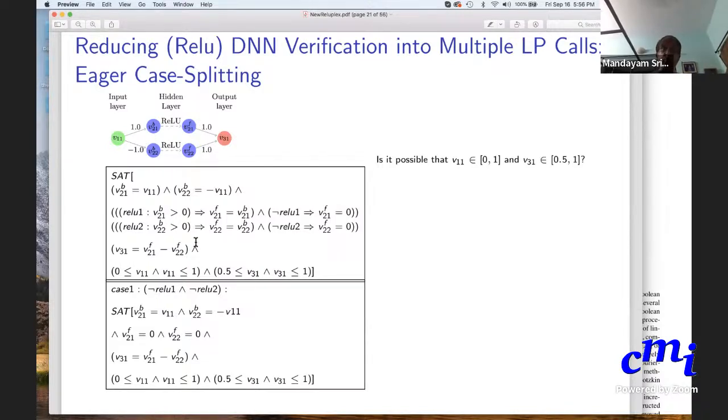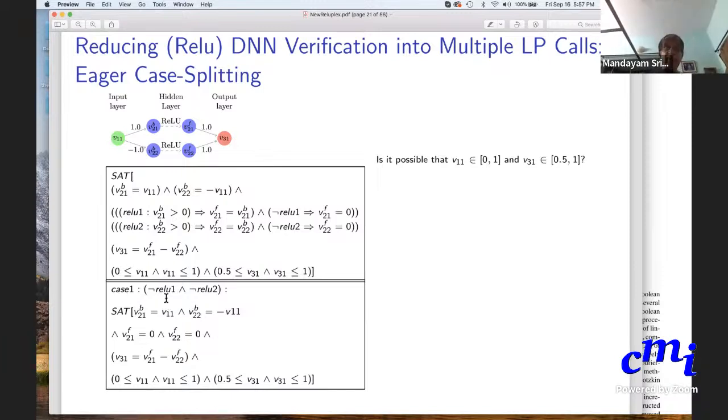Now, one way to reduce this into multiple LP calls is by making decisions, splitting into two different instances of LP. So one where V21B is greater than 0, or the other case where it is less than or equal to 0. For example, there are two ReLU nodes here, and therefore there will be 4 possible such cases that you will have to consider.